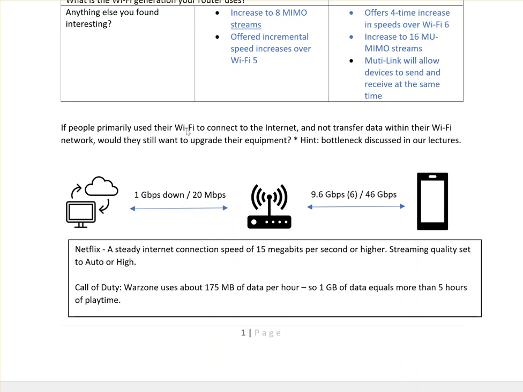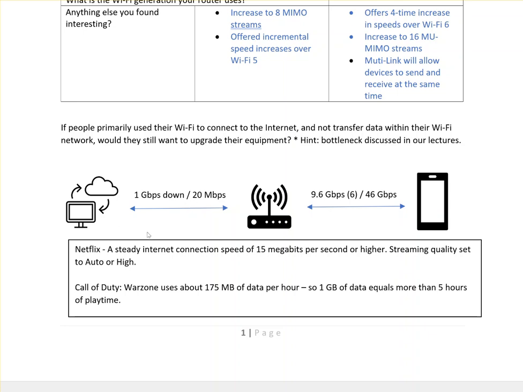Well, let's take my internet, for example. I've got 1 gigabit per second download speed and 20 megabits per second upload speed. Well, do I need a modern router and Wi-Fi that does 9.6 gigabits? 10 times the speed of my internet connection? No, I don't. Because this becomes the bottleneck right here.